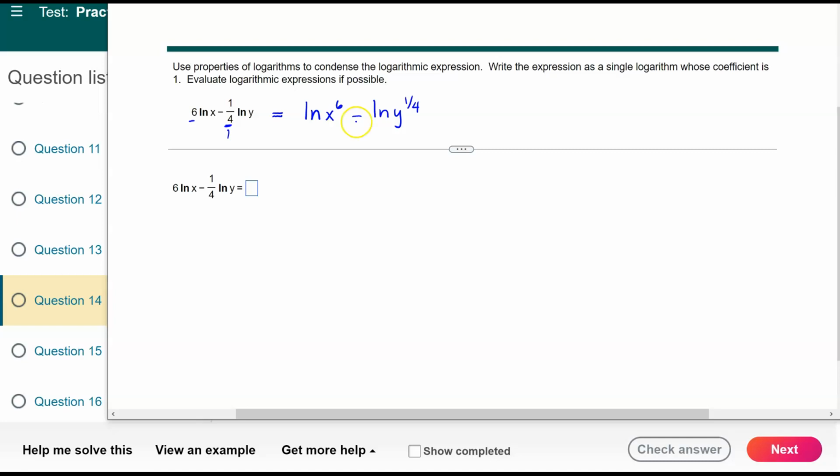Now, if there is no more coefficient, that's when you can apply the quotient rule. So you will have ln, x to the 6 is the numerator, and y to the 1/4 is the denominator. Now, 1/4 means the 4th root of y. So that is ln x to the 6 over the 4th root of y. That is the condensed form.